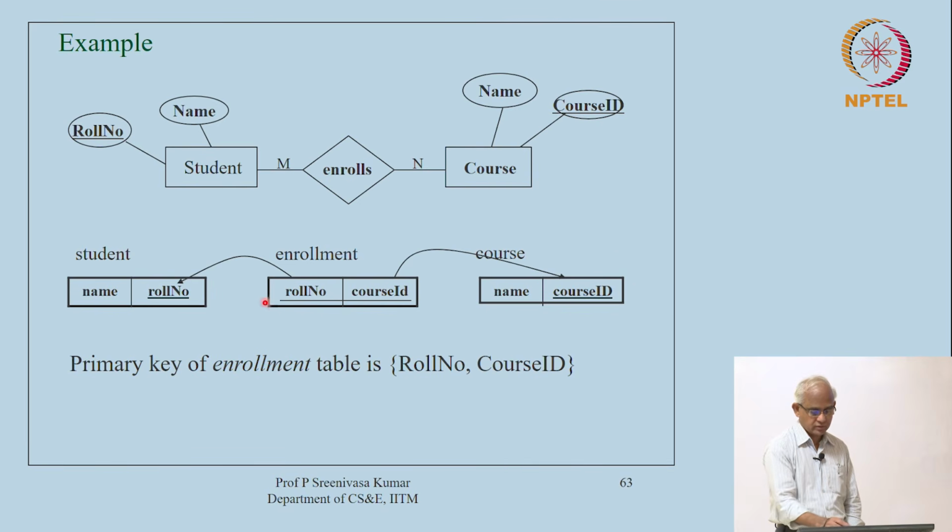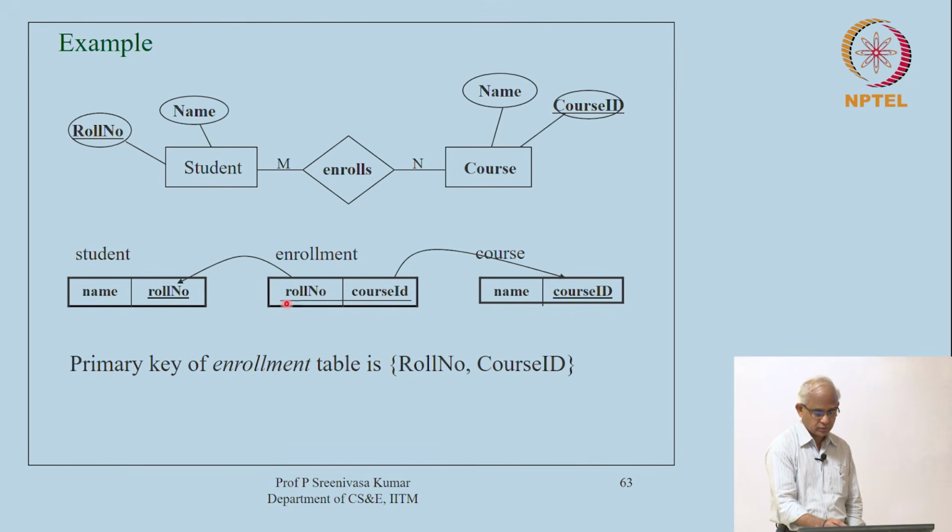So, we introduce a new relation, which is in some sense a cross reference kind of relation, or it can also be called a lookup table kind of relation, which allows us to capture the association.